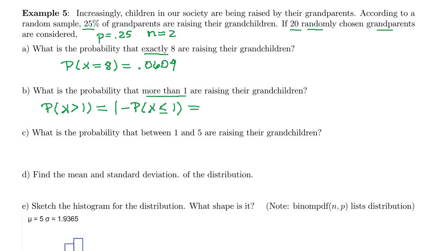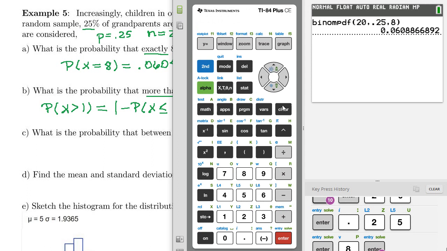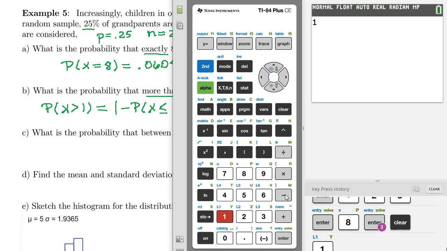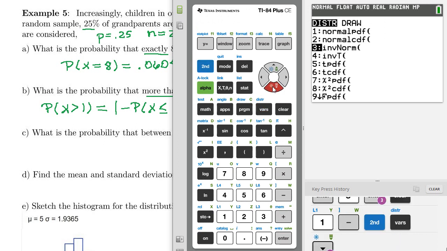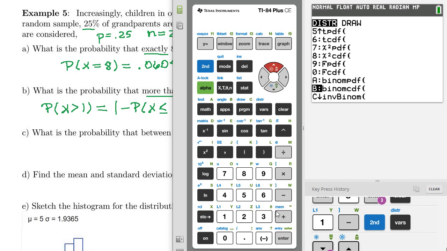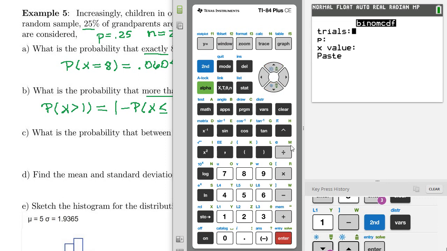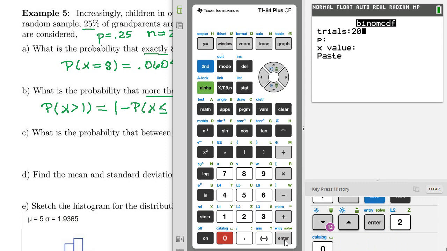So we can do this on the calculator. We want 1 minus second variables. I want to go to CDF, option B. Our trials are 20, p is 0.25, and we want x less than or equal to 1.